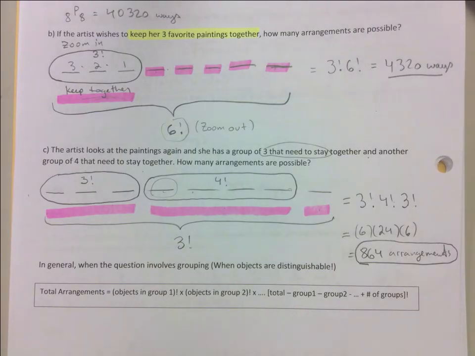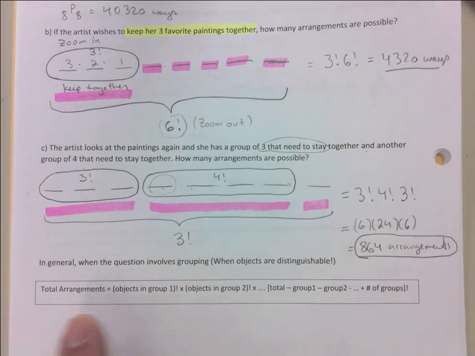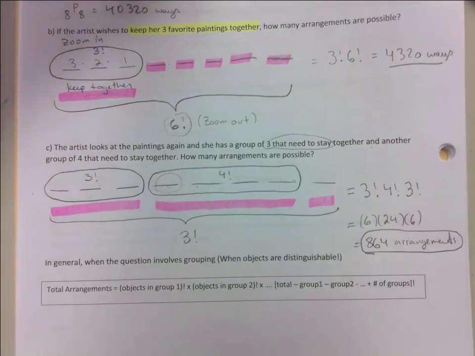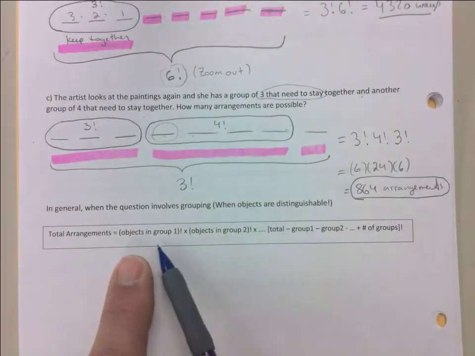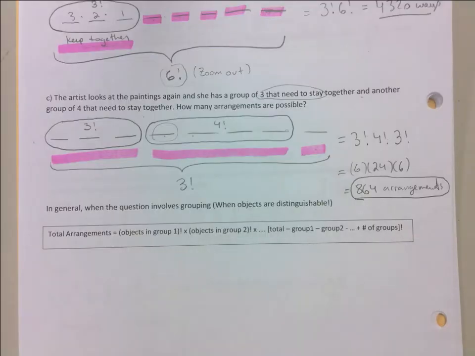Okay. This formula I will leave. I'm not going to give you that formula. Don't put it on your study sheet right now. This is what the formula would be if you have something really big, like 100 objects and you're making groups of 30, 40, and 50. It gets really crazy. I've never seen that.